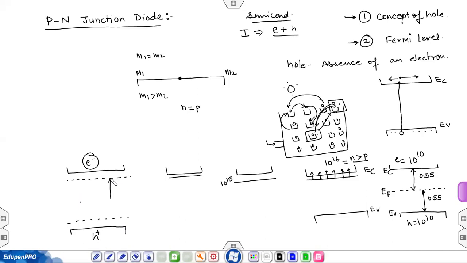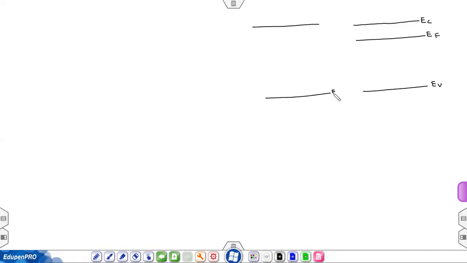Now if I ask you one question, suppose two band diagrams are given to you. Let's say this is EC and this is ED. In one of the band diagrams, the Fermi level is shown here. And the other band diagram is shown here, with this ED and this EC, and in this the Fermi level is shown here.